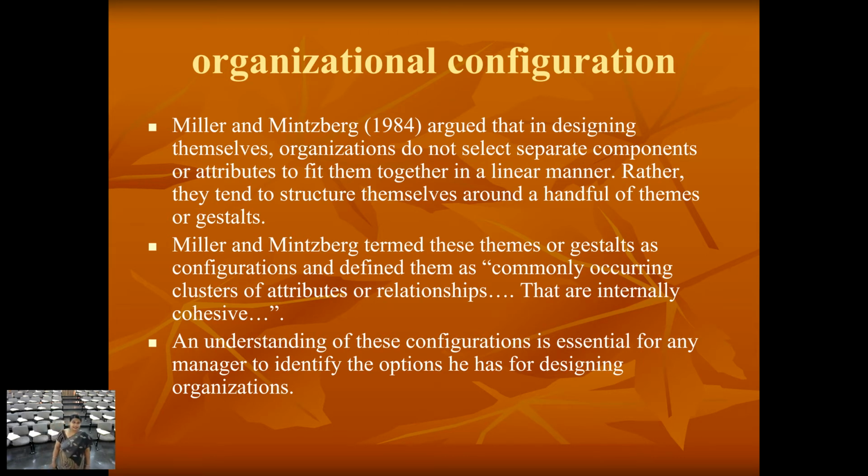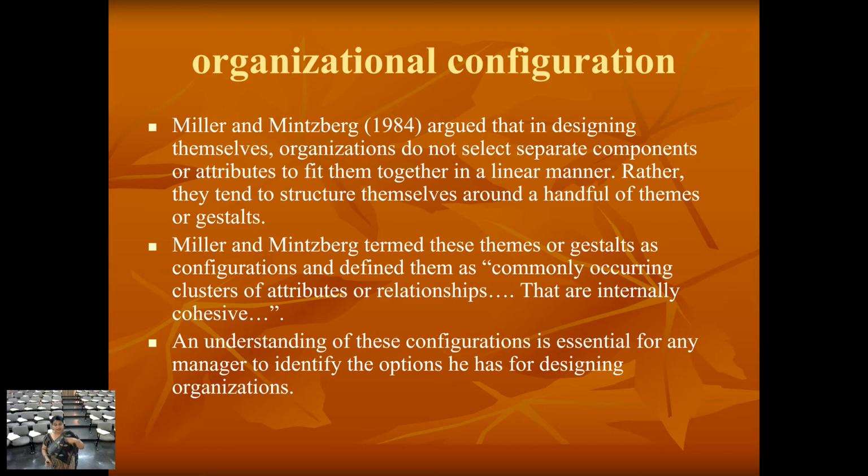So Miller and Mintzberg say very clearly that while designing an organization, people forget to include many important components of the organization. Because of that, they will not have a proper structure. And he calls these different parts the themes of the organization, or gestalt of the organization. Please remember, themes or gestalt.